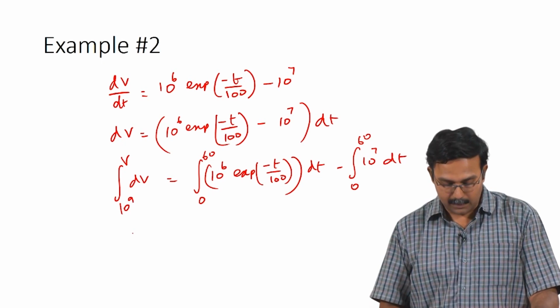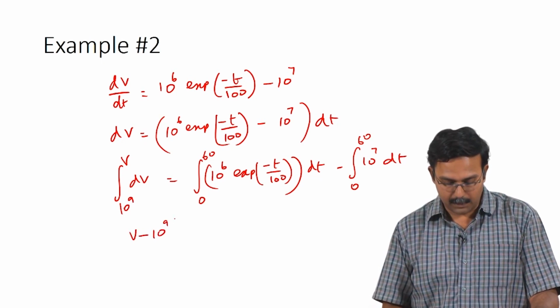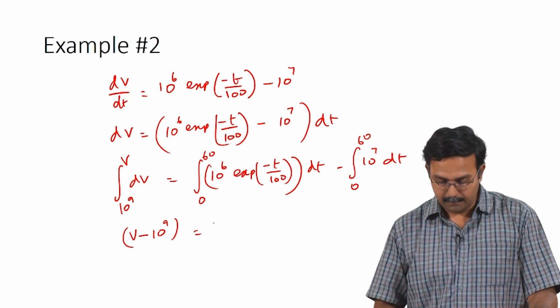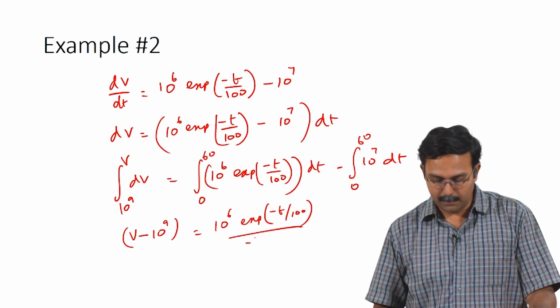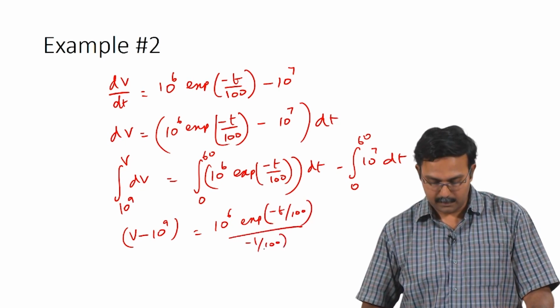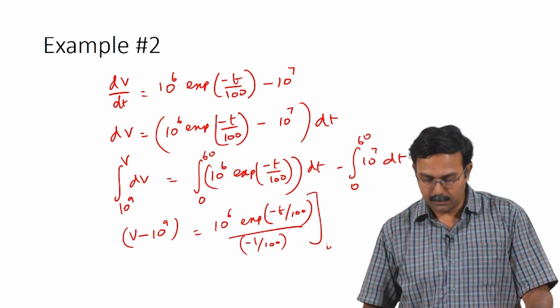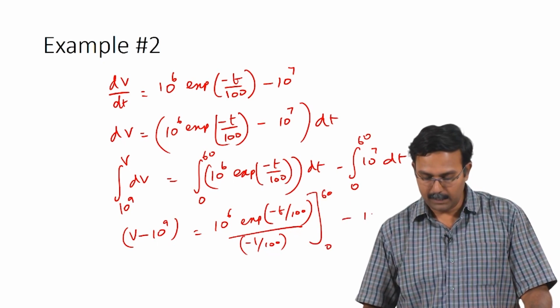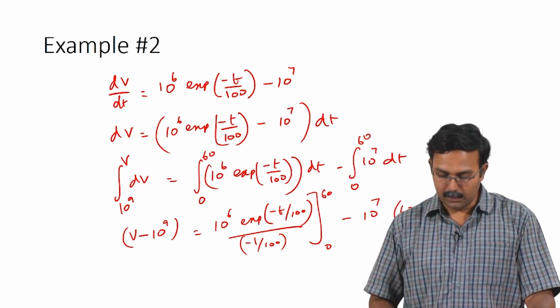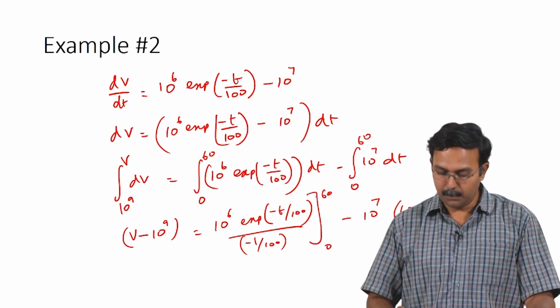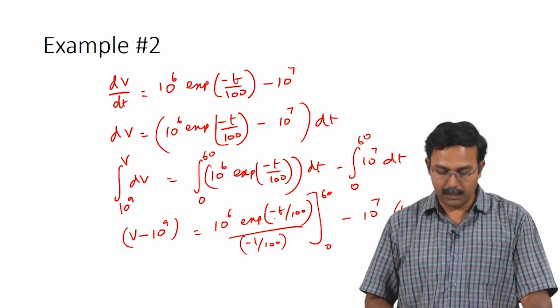So, the equation becomes V minus 10^9 equals 10^6 exp(-t/100) divided by (-1/100), with the limits of 0 to 60, minus 10^7 times (60 minus 0). Now we can substitute the values of t from the limits.